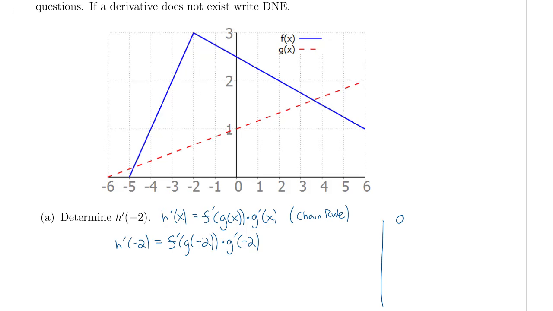So g prime of negative 2 was 1/6. Check out the 4.3 lecture video to see that derivative calculation, but that's how we did it, by finding the slope of that red dotted line for g. And g of negative 2, the function height, is about 2/3.